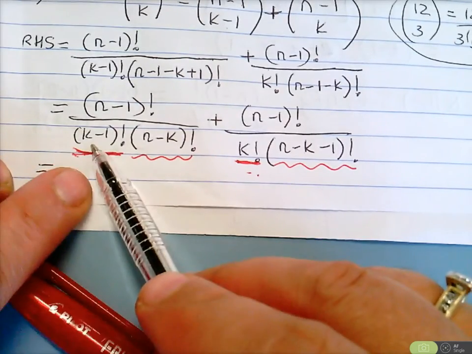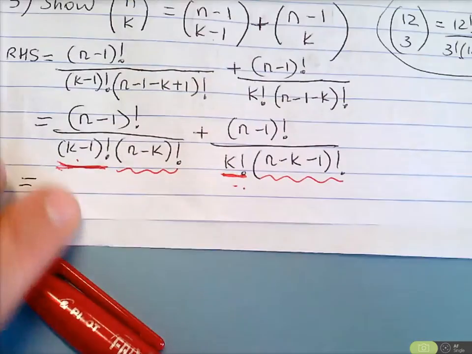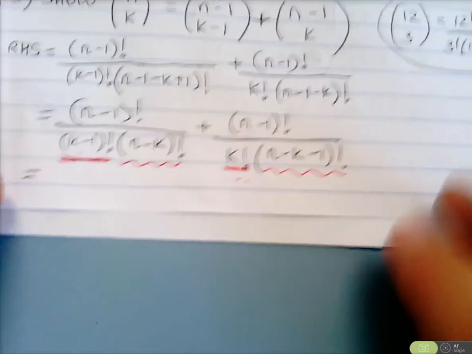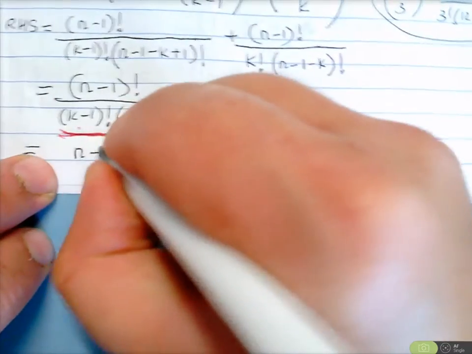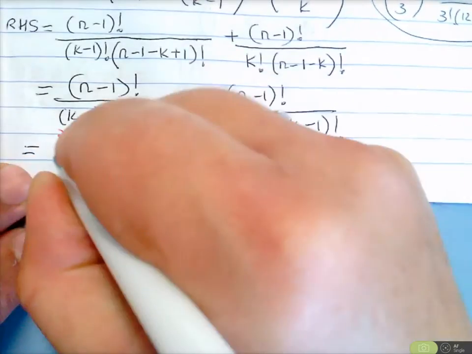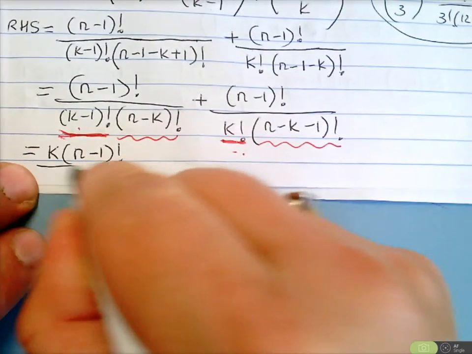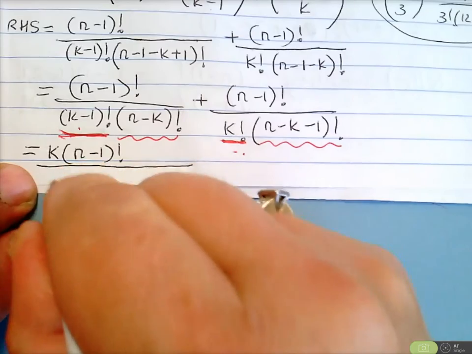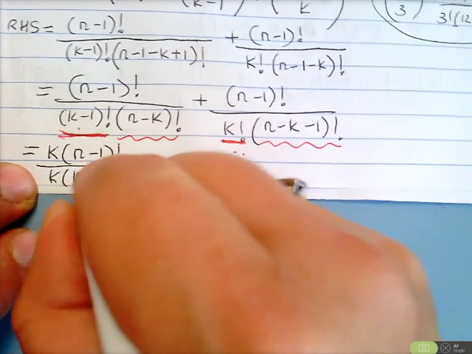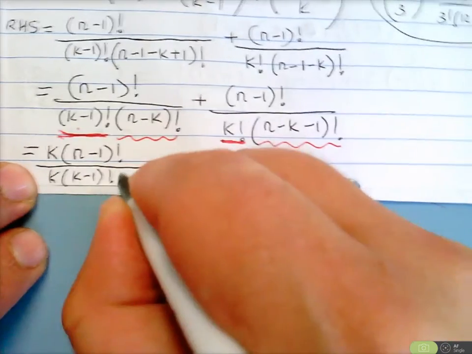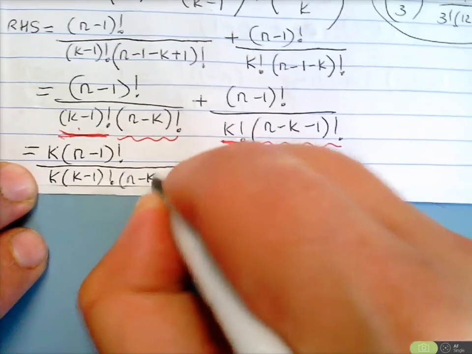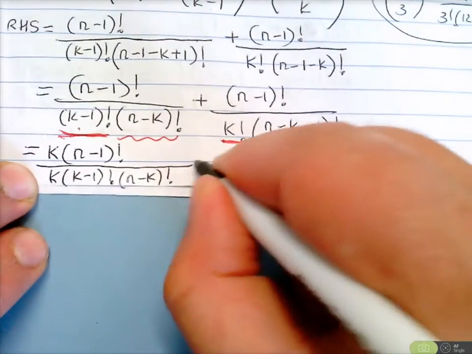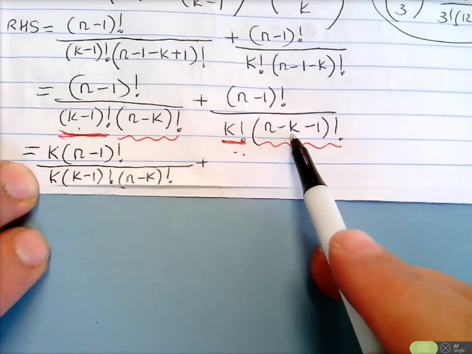So this is just missing a times k. So I start with my first fraction and I go n minus 1 factorial times k, so I'll put the k on the front. Doesn't this become k times k minus 1 factorial times n minus k factorial, plus, let's look at what this one's missing.